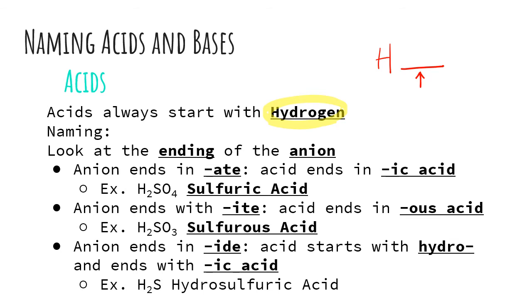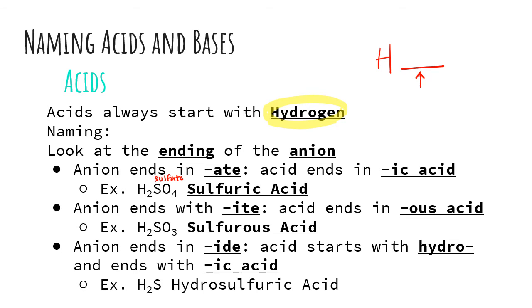If that something ends in ate, like sulfate, phosphate, nitrate, we change the ending to ic acid. So if we see H2SO4, we know that SO4 is sulfate. If you forget, you just look up SO4 on your polyatomic ion sheet and you'll see that its name is sulfate. So that ate becomes ic acid. So this is just sulfuric acid.